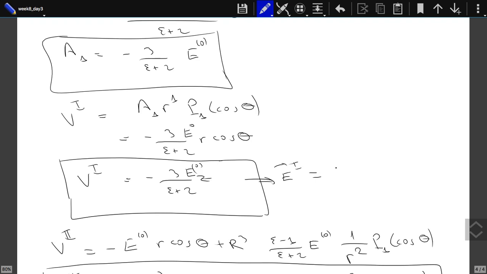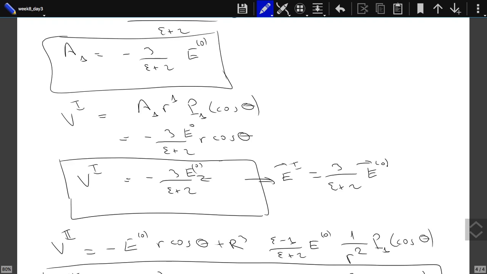It is 3 over epsilon plus 2 in the direction of the original electric field. And keep in mind that this dielectric constant is always larger than 1. So this ratio is smaller than 1. The electric field inside the dielectric is less than the applied electric field.